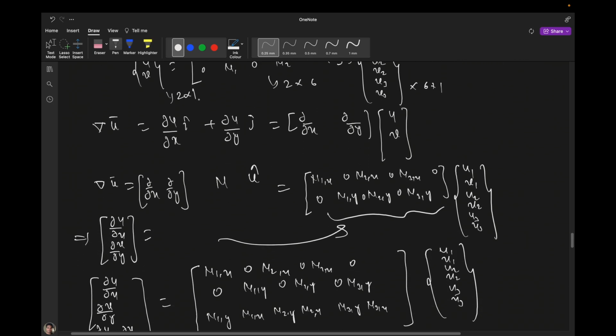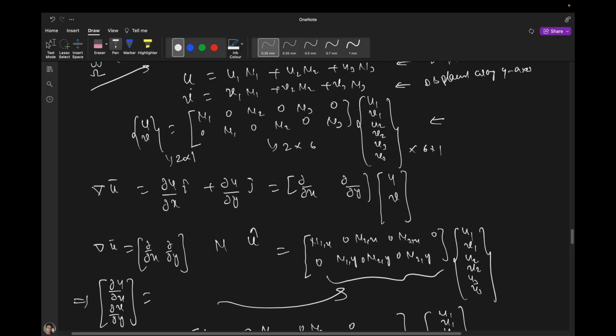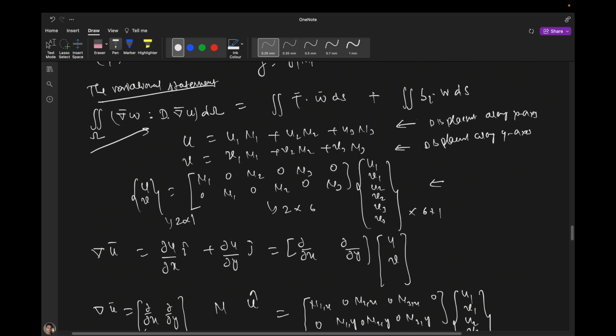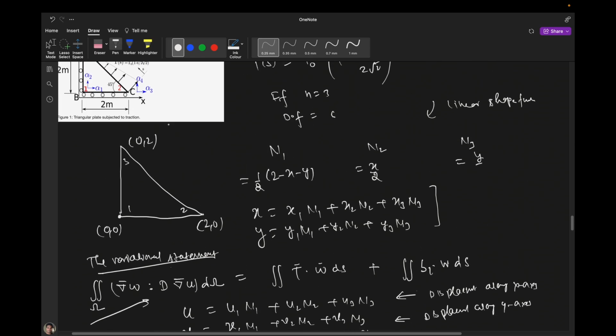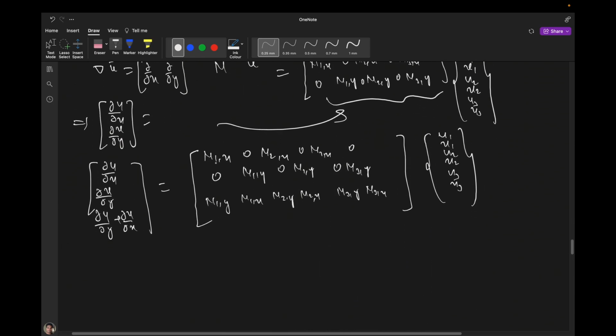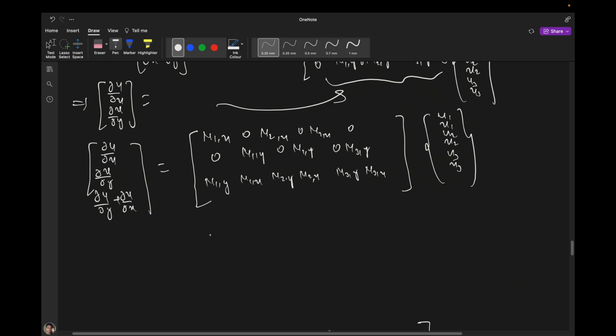We have to use it because we can see that this D is only a 3 by 3 matrix, and we already know that the Cauchy stress will be D dot epsilon.